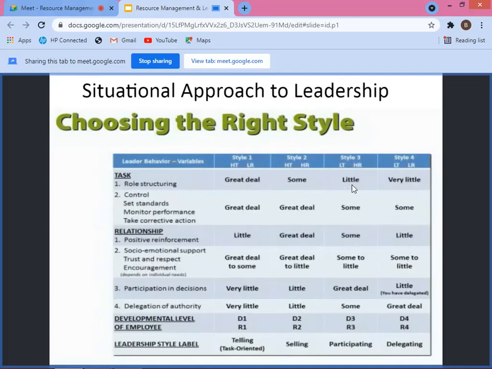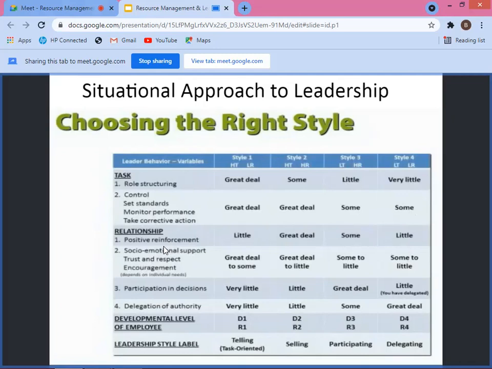For style 3, low task, high relationship, little role structuring and some control. Style 4, low relationship and low task, both are low. So very little role structuring and some control.